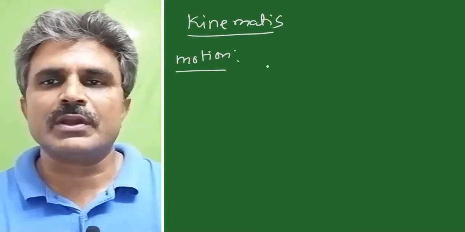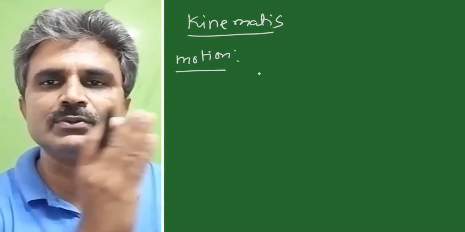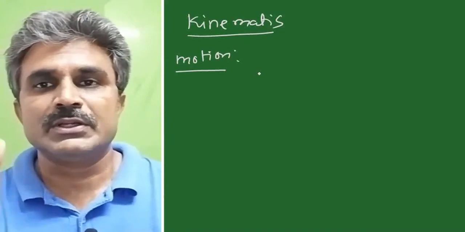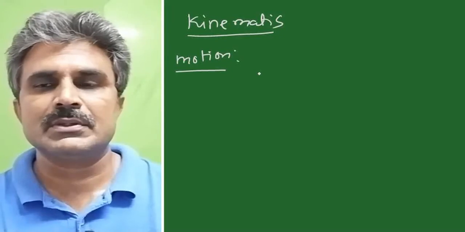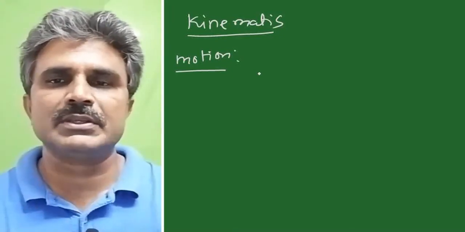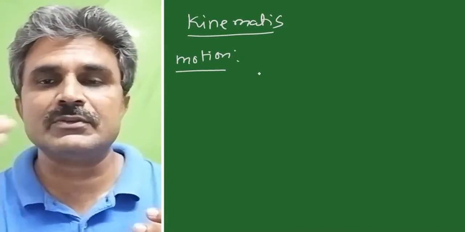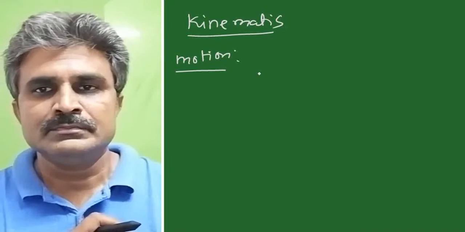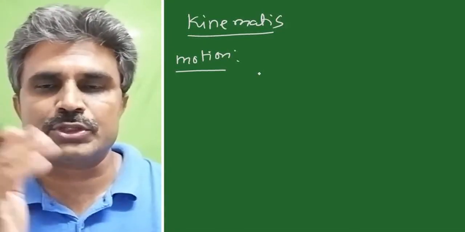A person is walking from one place to another, or a ball is moving from one place to another. So it is changing its position when compared to its surroundings. Earlier it is here, and after that it is moving to here. So it is changing its position with respect to its surroundings. Then we can say that the object is in motion.